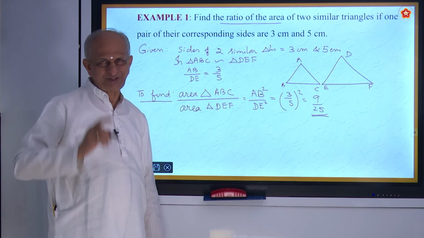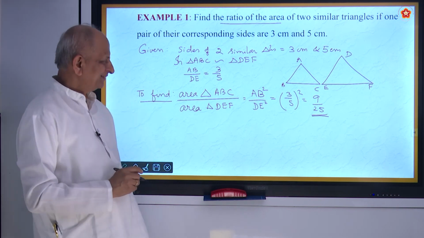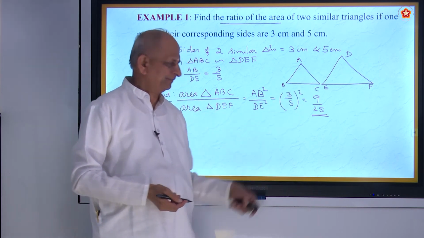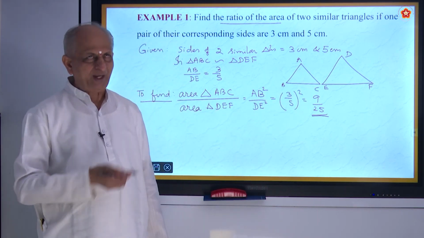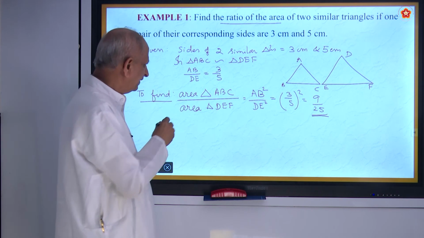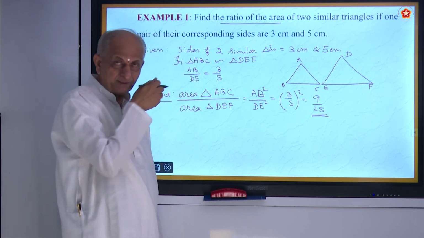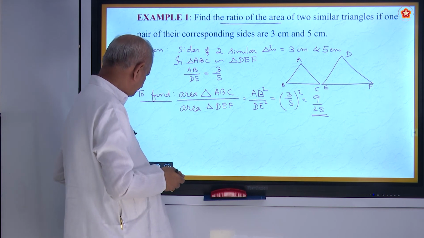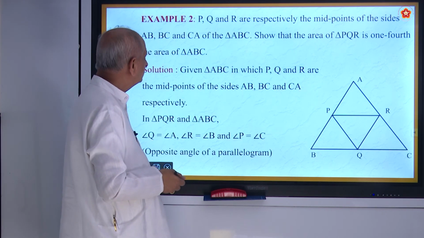That's all. One more question. So, you are given one pair of corresponding sides. So, square of that. That is by theorem. Theorem on the areas. Okay. That's all in the first question. Coming to second question.